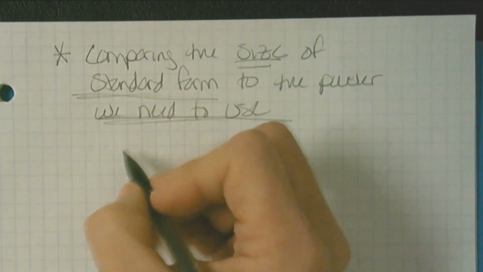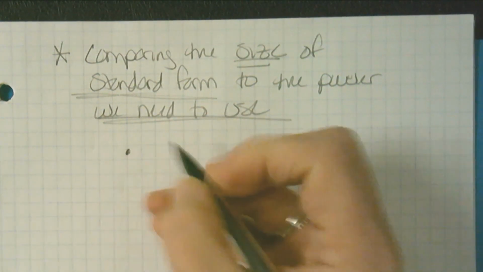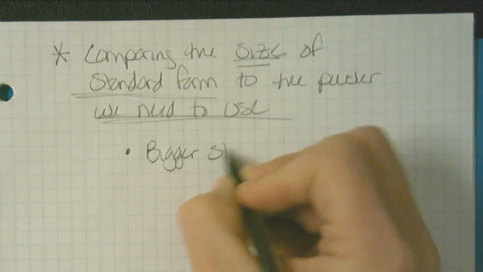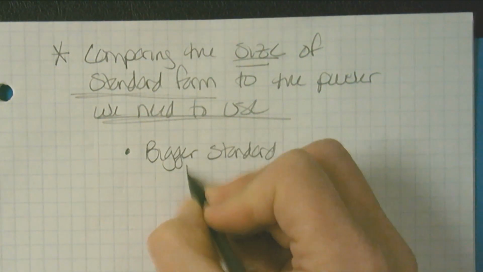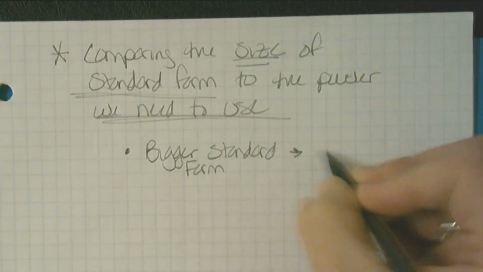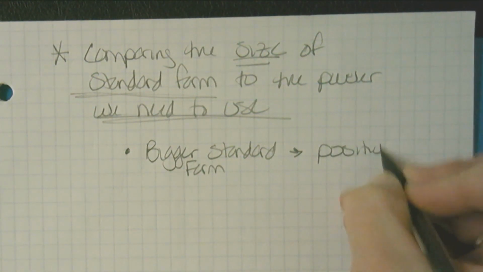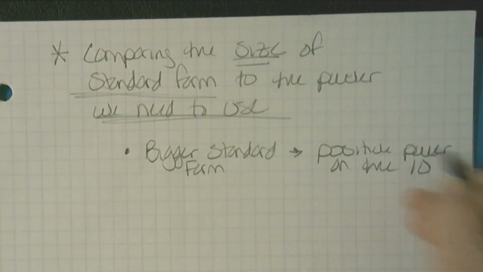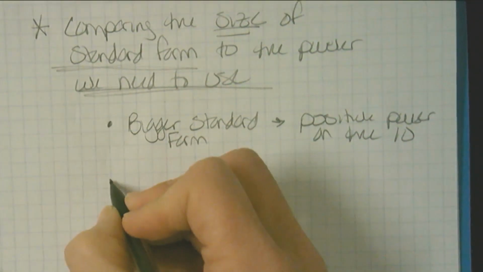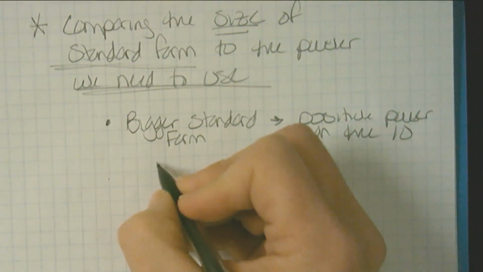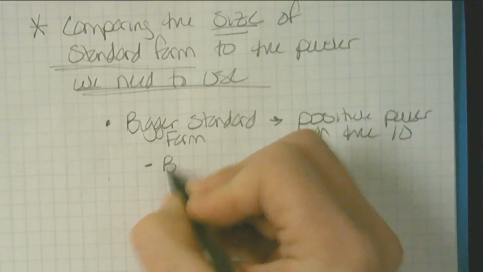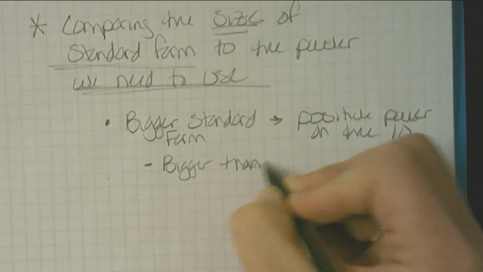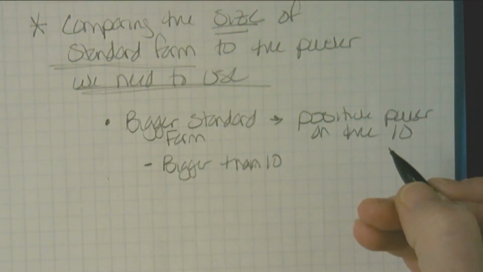All right, I'm just going to give you a quick preview, because I want you thinking about this. Bigger standard form means a positive power on the 10. So bigger standard form means bigger than 10. So any number bigger than 10.